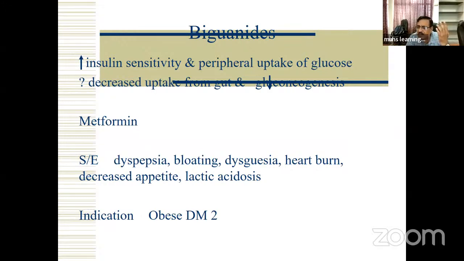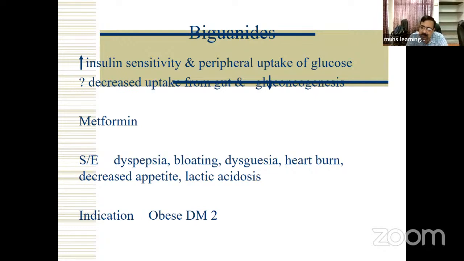So metformin is the one which is used, and what is the goodness? It causes many benefits to the patient. The patient should not be deprived unless he is prevented from taking it. So that is the thing I want to emphasize.